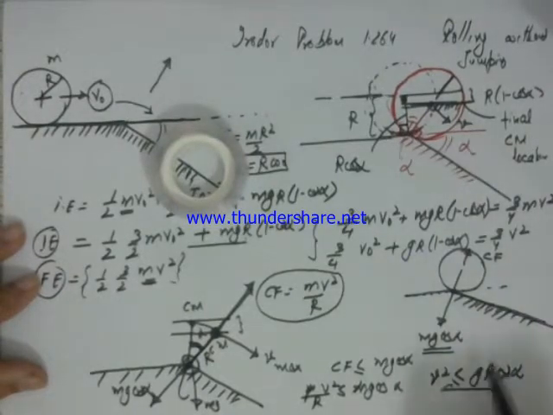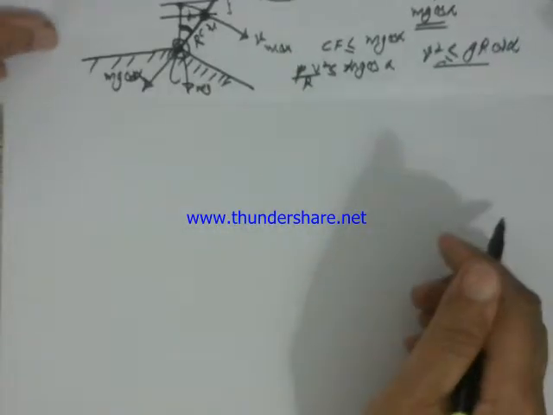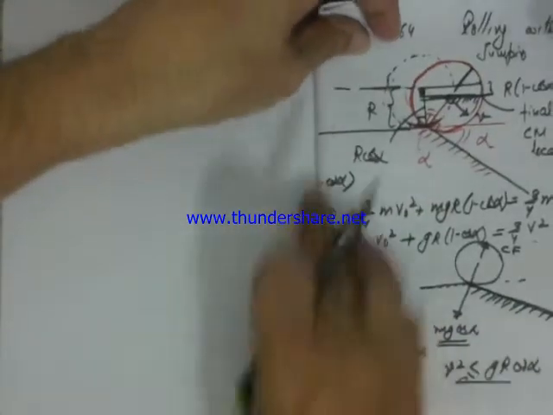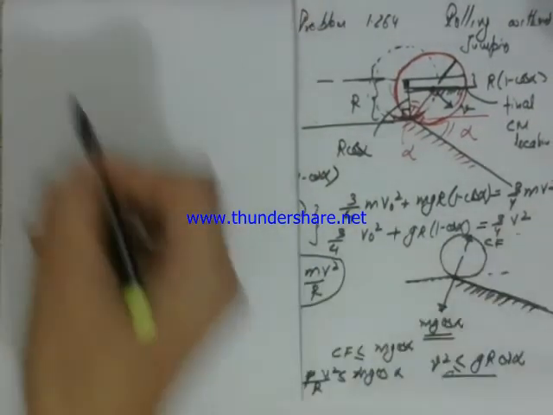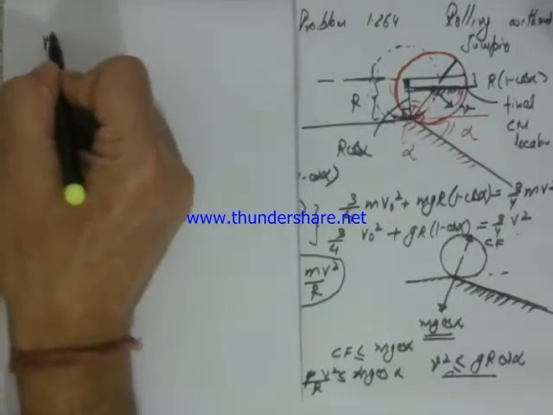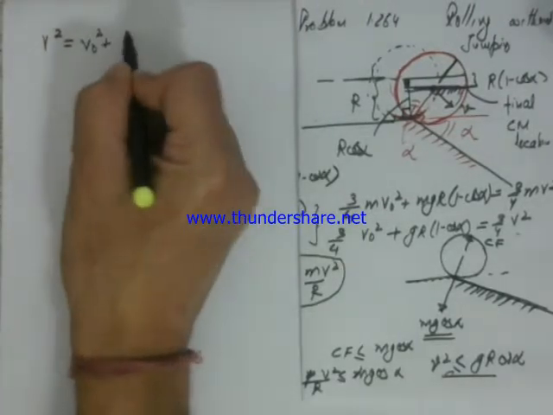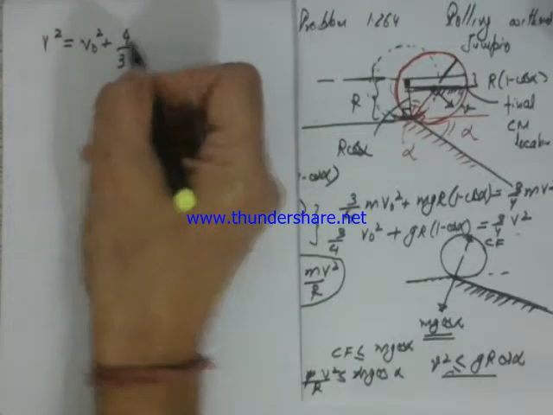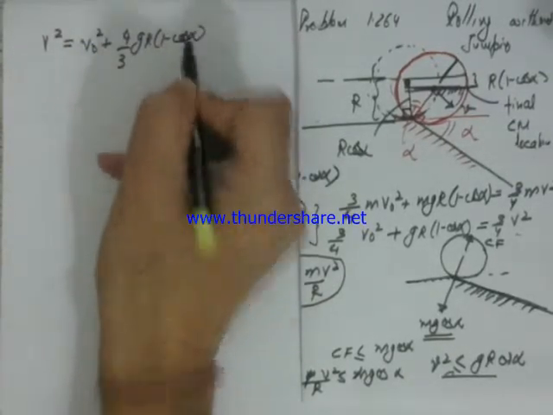Now put in the value of v square from that equation. We had got v square equal to v0 square plus 4 upon 3 gr(1 minus cos alpha).